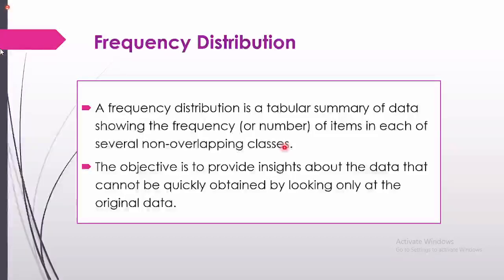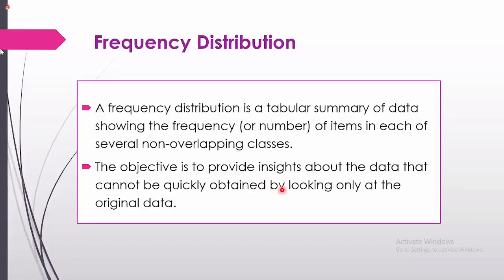So simply, how can we define frequency? A frequency distribution is a tabular summary of data showing the frequency or number of items in each of several non-overlapping classes. What is the objective of these frequency distributions?